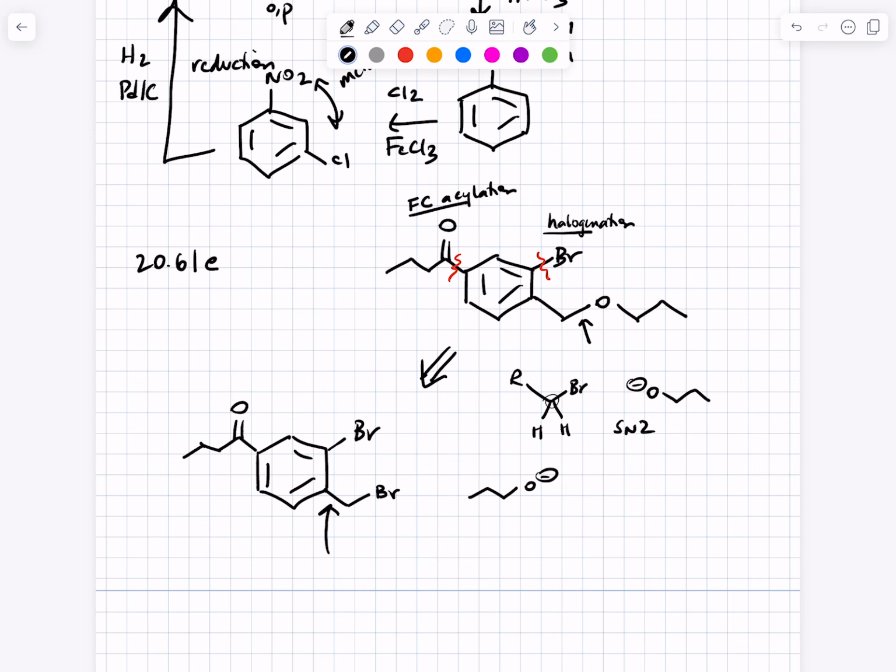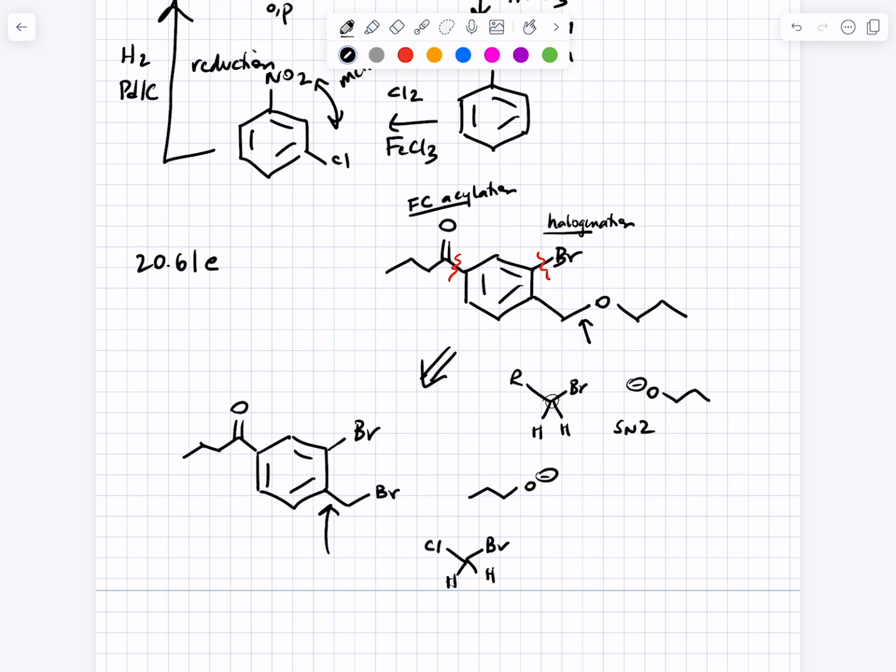Now again, I ask myself, do I know how to make that one? And the answer is, well, some of you are again going to say, could I do something like that in a Friedel-Crafts reaction? And the answer is, you'd be inventing chemistry. I don't actually know if it works, but there is a better way. And that is that we have learned a derivatization reaction. I can put that bromo there by radical benzylic halogenation.